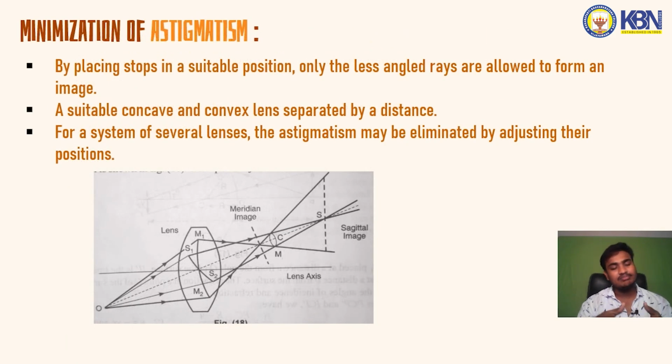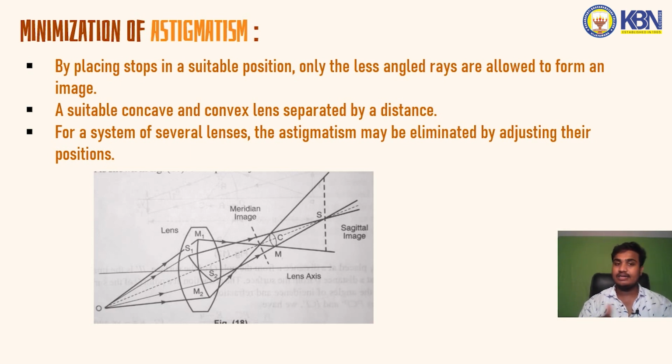The astigmatism can be minimized or eliminated by placing stops in a suitable position, so that only the less angled rays are allowed to form an image. It can also be eliminated by a suitable convex and concave lens separated by a distance.